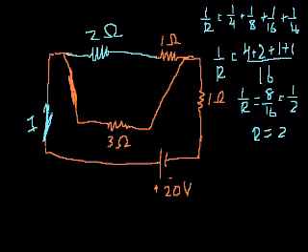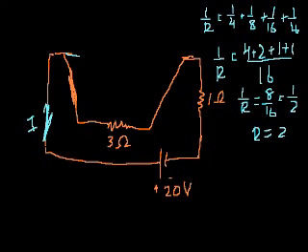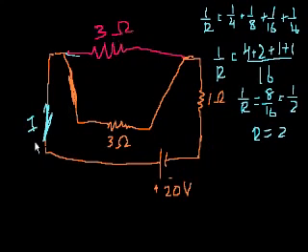So let's erase and simplify. So then we get that combined resistor, right? We had the 2 ohm that we had simplified, and then we had a 1 ohm. So we had a 2 ohm and a 1 ohm in series, so those simplified to 3 ohms. Well, now this is getting really simple.